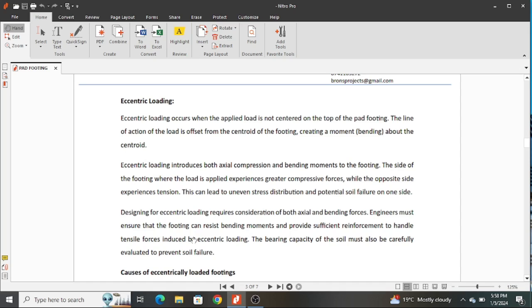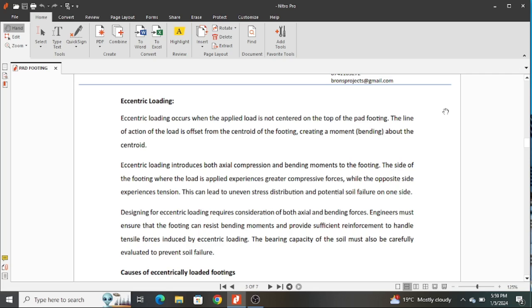This is a bending moment about the centroid, which normally we have to design. Eccentric loading introduces both axial compression and bending moments to the footing. As we had seen earlier, when we were talking about concentric, we were just dealing with the axial compression and no bending moments. But in this case, we have introduced bending moments on our footing.